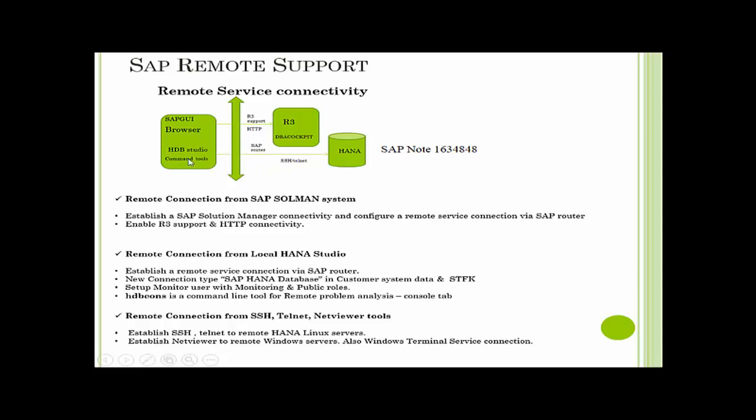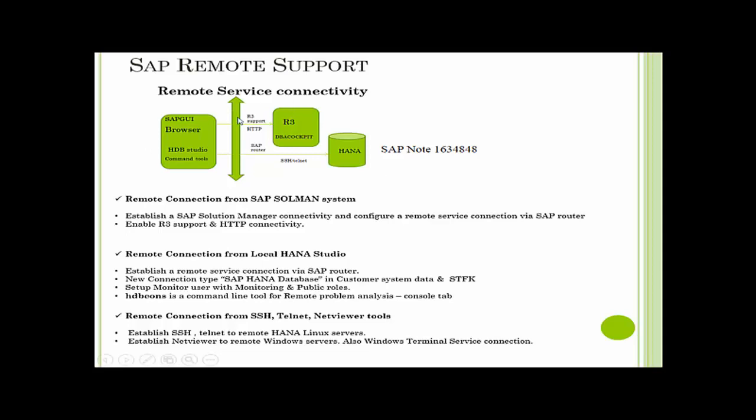And we can make use of command line tools also. For that, we need to enable SSH or telnet connection to the HANA database server and do the monitoring from the operating system level, or do any troubleshooting or problem fix.